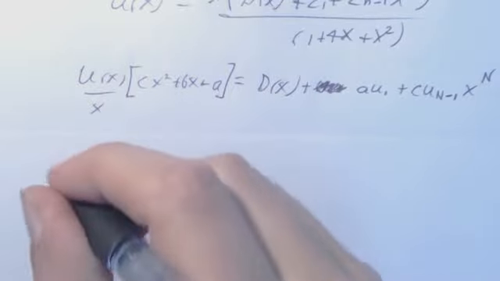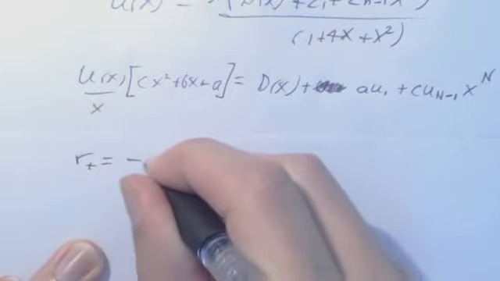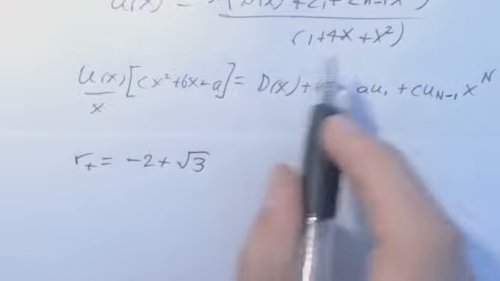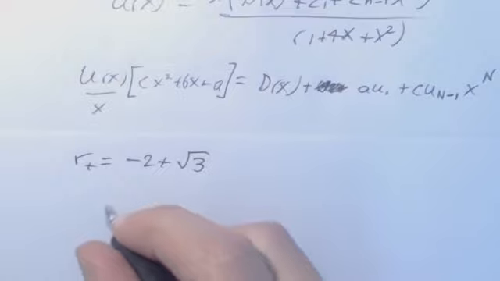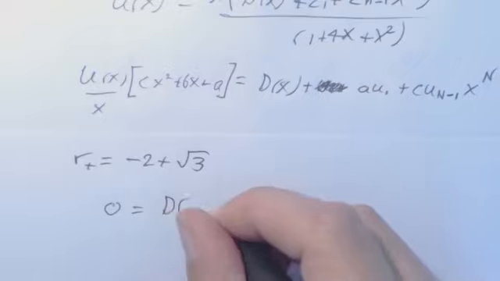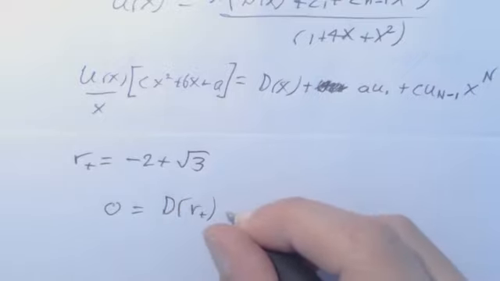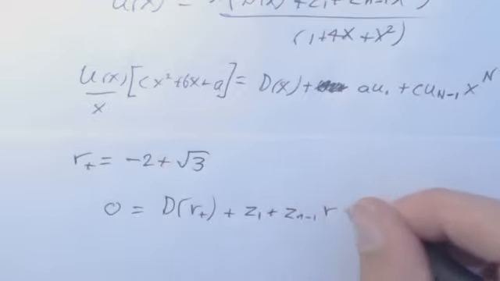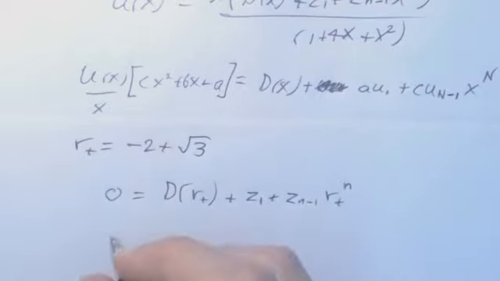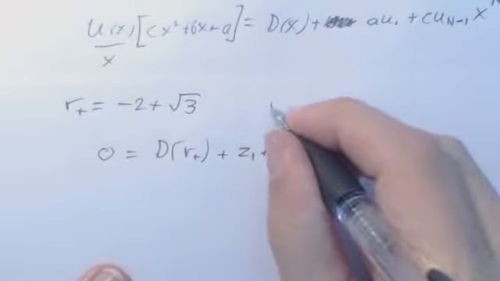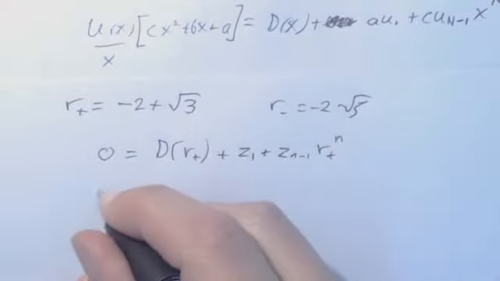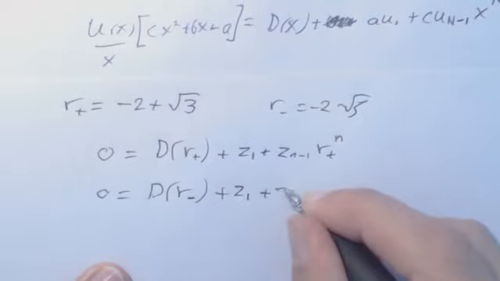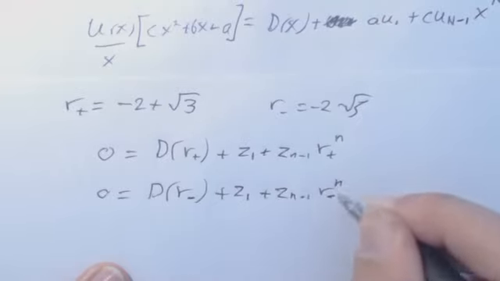If we plug in, say, r plus equals minus 2 plus square root of 3, we would have 0 on the left equals d(r plus) plus z_1 plus z_{n-1} r plus to the n, and the other equation is, if you plug in r minus equals minus 2 minus root 3, 0 equals d(r minus) plus z_1 plus z_{n-1} r minus to the n.